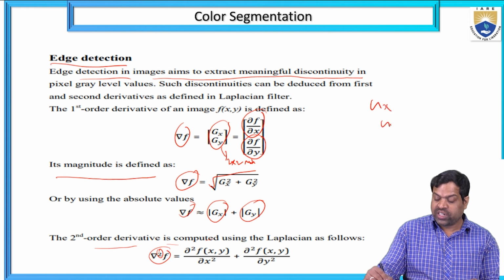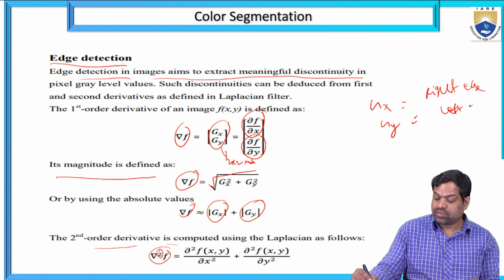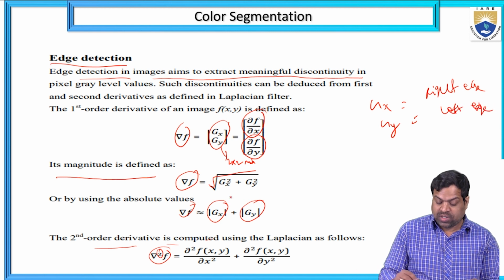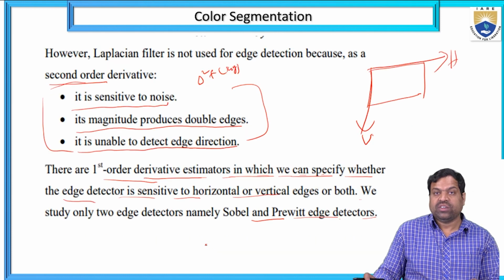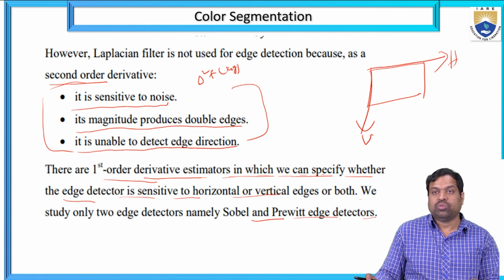Okay, so edges are of two types, Gx and Gy. The partial derivative of f is a first order filter, and the second partial derivative of f is a second order filter. It is sensitive to noise, and its magnitude produces double edges. It is unable to detect the edges.